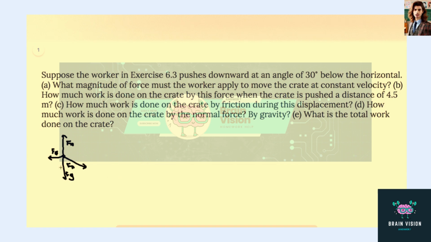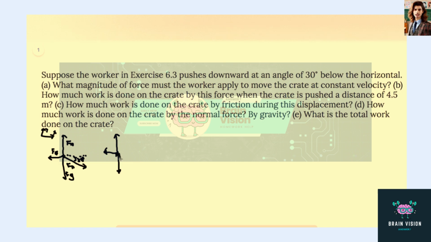And I'm going to break down the pushing force here into its components so we can just work in our two axes of x and y, since that's where the displacement is pointing, along the positive x direction. So we're drawing this force diagram with the components of the pushing force.